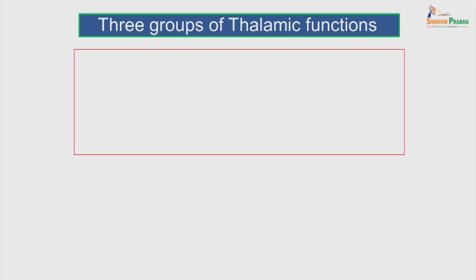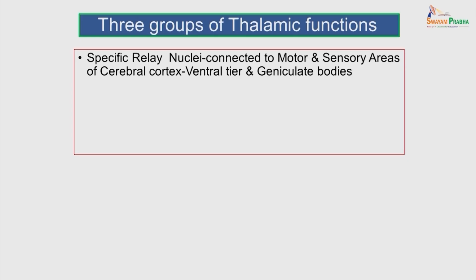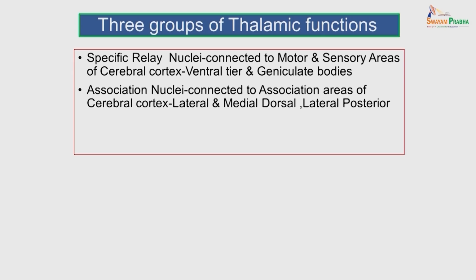So, what we have are the specific relay nuclei connecting to the specific motor and sensory areas of the cerebral cortex, which are the ventral tier and the geniculate bodies. Then the association nuclei, where the association areas of the cerebral cortex are involved, with the lateral and medial dorsal nuclei and the lateral posterior nucleus.